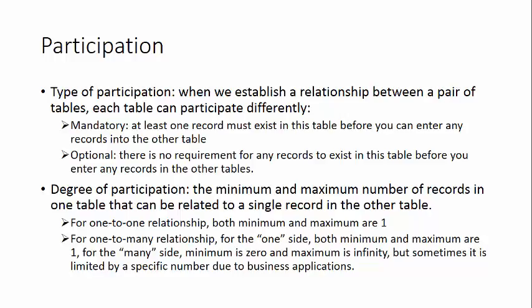In addition to the type of participation, there are also degrees of participation. The degree of participation is the minimum and the maximum number of records in one table that can be related to a single record in the other table. It's simple for a one-to-one relationship: both the minimum and the maximum are one, because the two tables are related one-to-one. For a one-to-many relationship, for the one side, both the minimum and maximum are one.